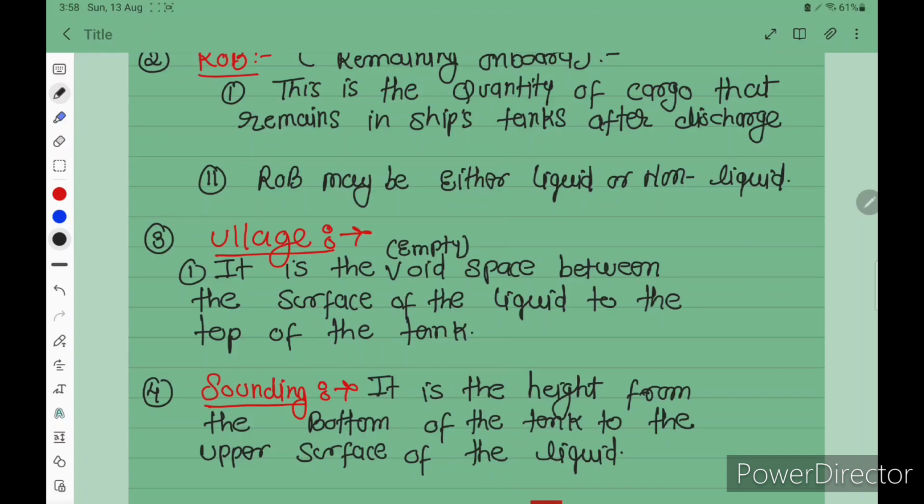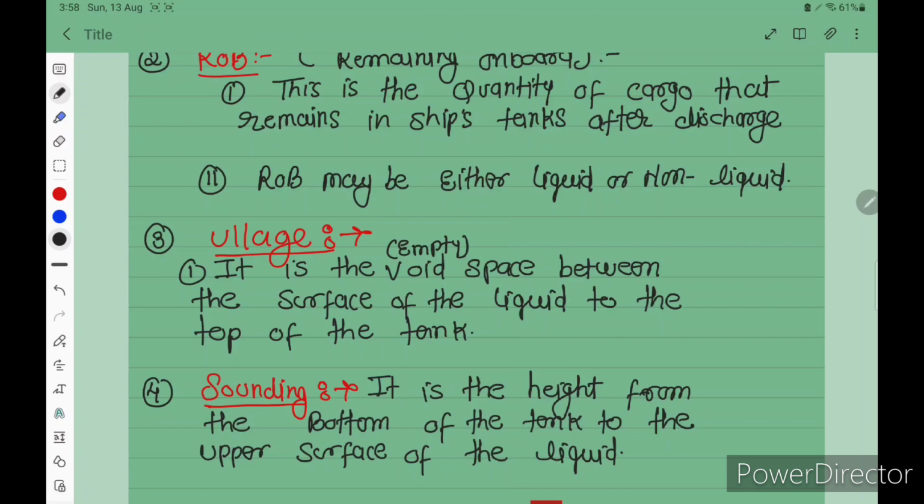Now let's see ullage, which, along with sounding, is most important in the numericals. So ullage is the empty or void space between the surface of the liquid to the top of the tank. So you can consider a half glass of water.